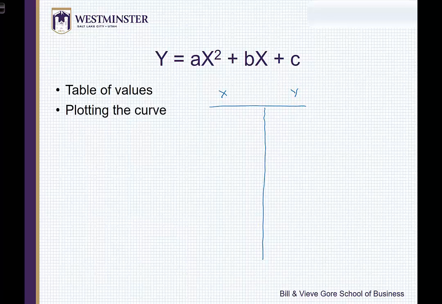I'm simply going to identify some values. So if we have x at negative 10, x at negative 5, x at 0, and then x at 5. We could fill these in with values in between, of course, but I'll have 4 different points here, which will give me some reasonable expectation of how this will plot out.